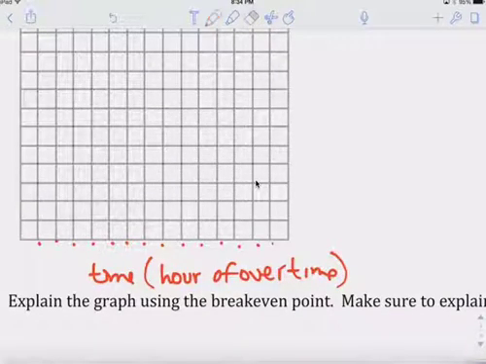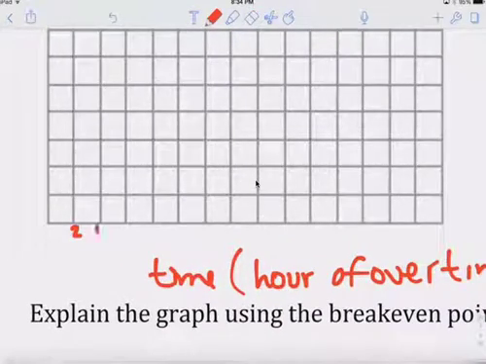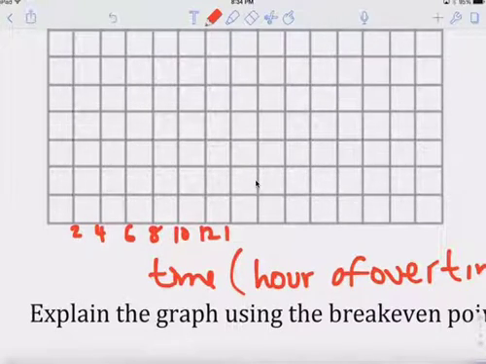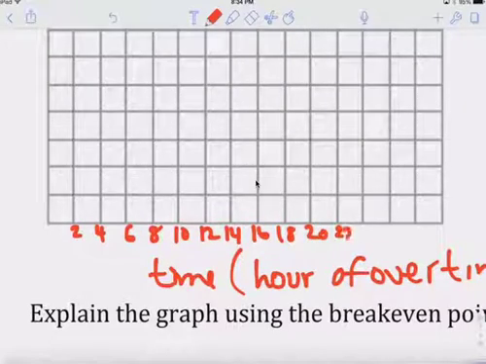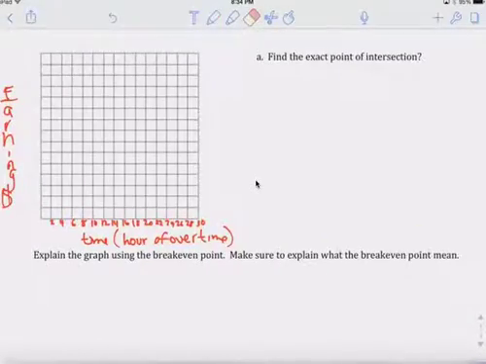Nope, not 20, so we're going to do 2 at a time. 2, 4, 6, 8, 10, 12, 14, 16, 18, 20. Oh, we don't need to go up to 30, we only need 20.